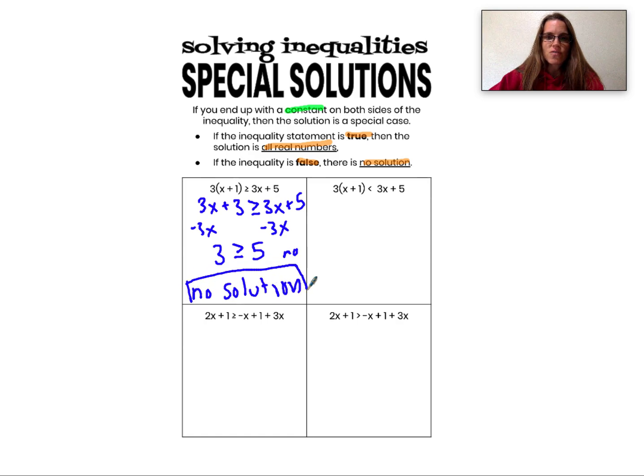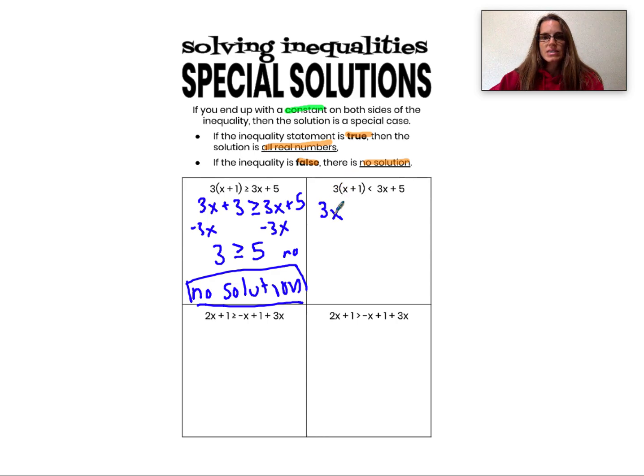There is no value of x that you can multiply by 3 and then add 3, and end up with a bigger value than multiplying that same x by 3 and then adding 5. That's not going to be bigger than the right-hand side. So no solution.